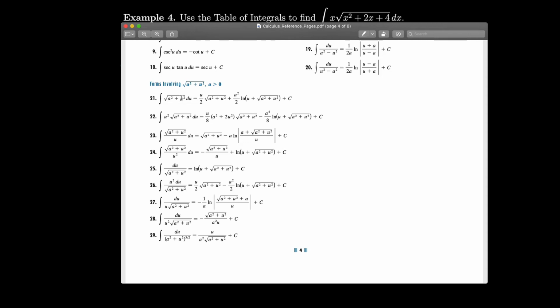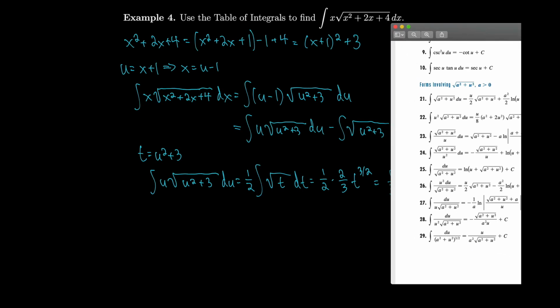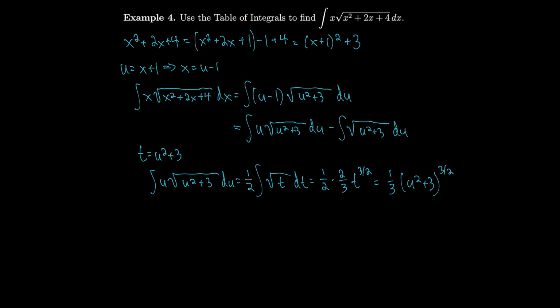Square root of a squared plus u squared. In this case, a will just be the square root of 3. So a squared is 3. So we'll use formula 21.